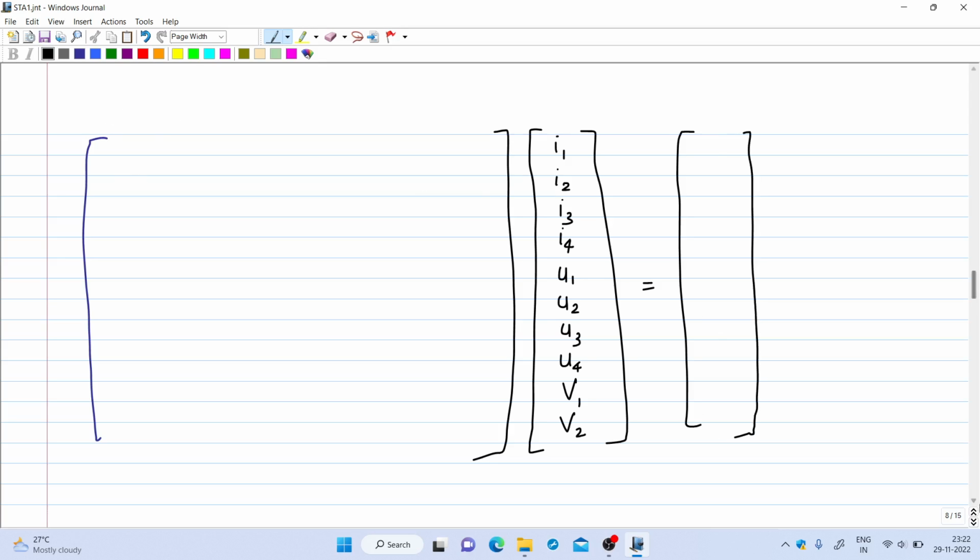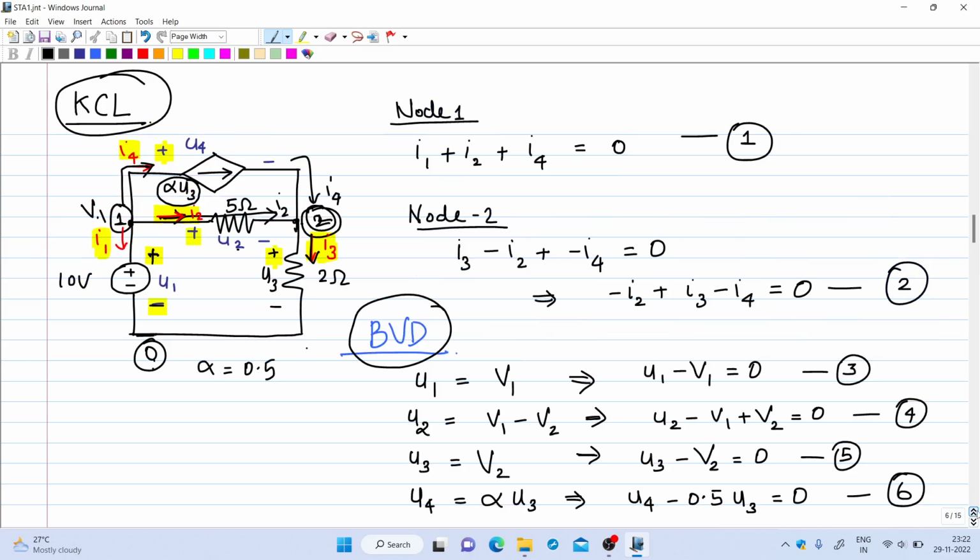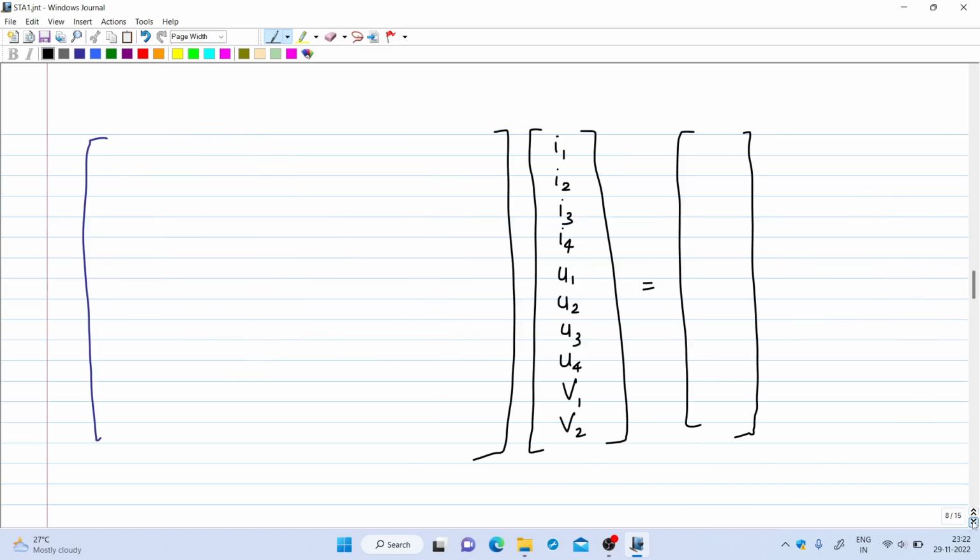The first equation was from KCL: I1 plus I2 plus I4 equal to 0. So I1 into 1 plus I2 into 1 plus 0 I3 plus 1 into I4 equal to 0. All other terms are zeros.